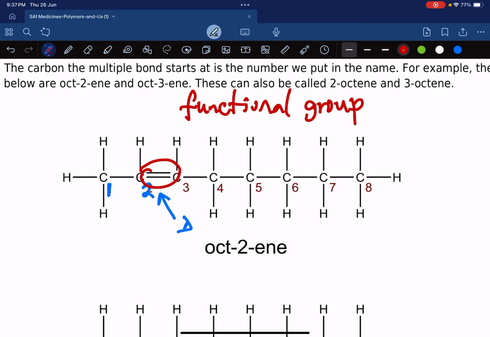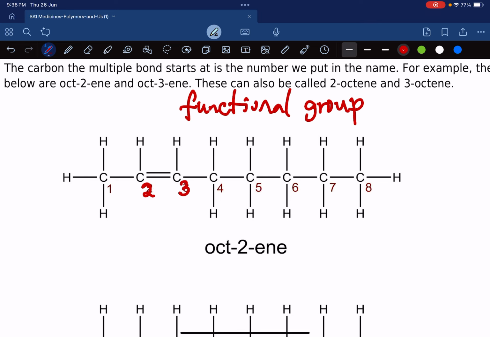So when we do numbering, we must make sure that the carbon carrying the functional group is given the smallest number. In this case, this is 2 and then this is 3.